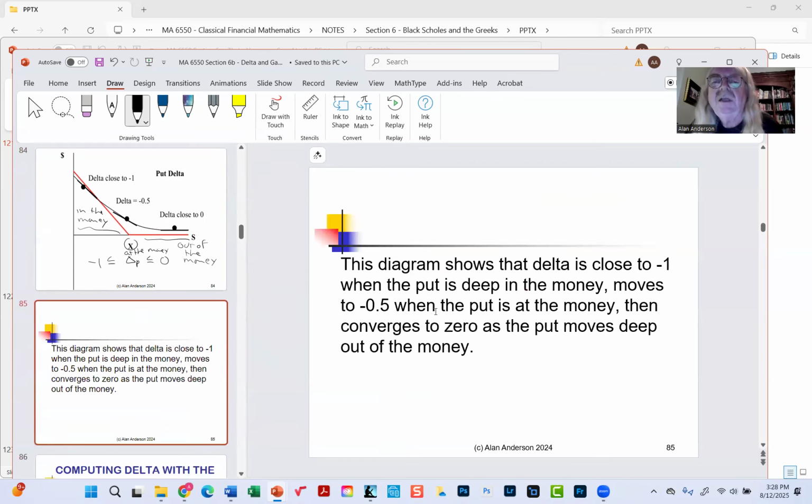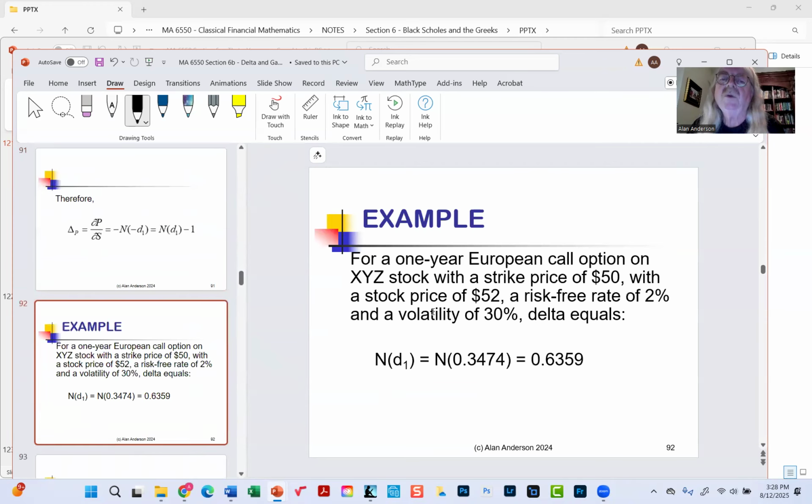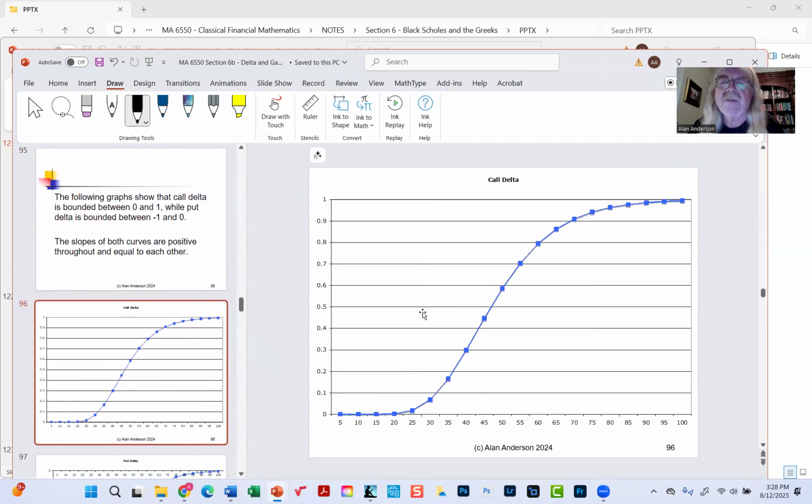All right. So again, with this graph, if we were to take an option and recalculate delta at every possible level of S, this is the result. You can see it's an S curve. And this is what we're using, by the way, to calculate the gamma. The gamma is actually the slope of this curve.